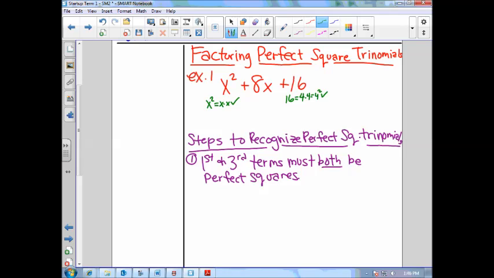The second qualification that it must meet is that once you look at the factors of the first and the third terms, this is kind of complicated, so I'm just going to read it first and then we'll write it down. The middle term is twice the product of one factor. That's the first half.